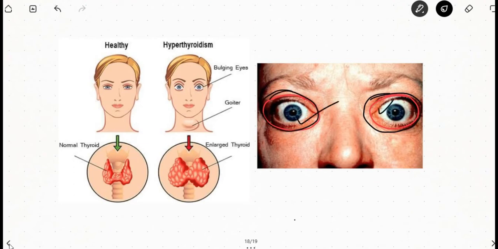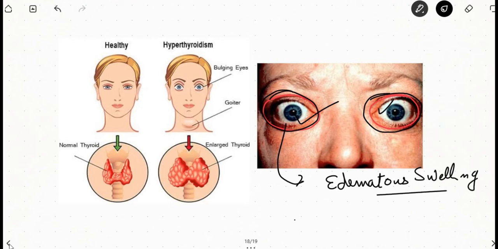Why is there exophthalmos? This is due to edematous swelling of the retro-orbital tissue, and there are degenerative changes in the extraocular muscles. The protrusion of the eyeballs stretches and damages the optic nerve, resulting in blindness.